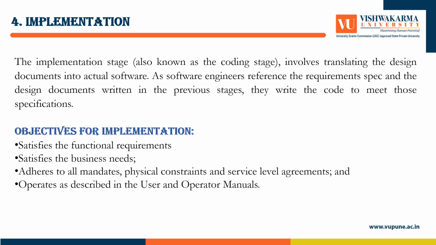As software engineers reference the requirement specifications and the design documentation written in the previous stages, they write the code to meet those specifications. Some objectives for implementation are that it satisfies the business needs and functional requirements, adheres to all the mandates, physical constraints and service level agreements, and operates as described in the user and operator manual. In this phase, we just have to write the code.